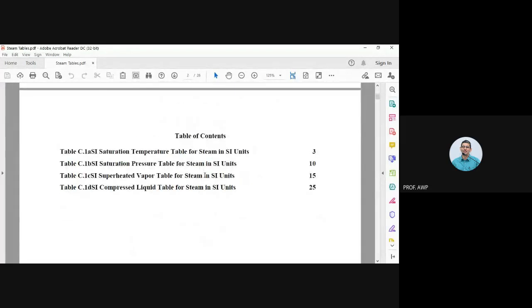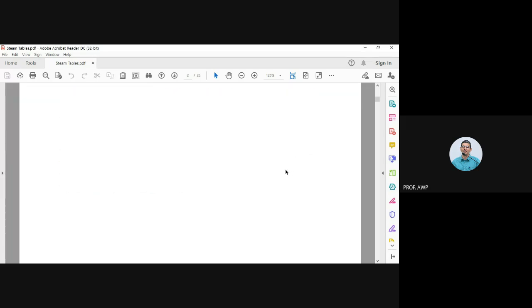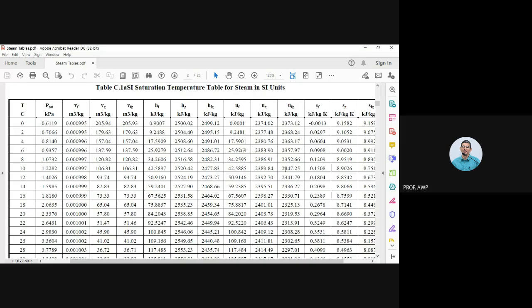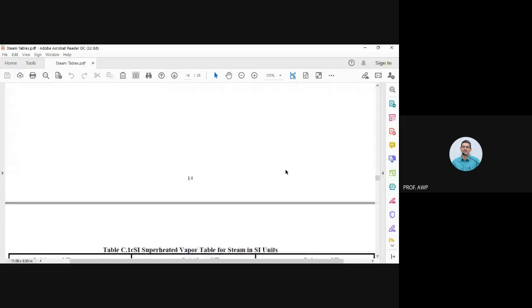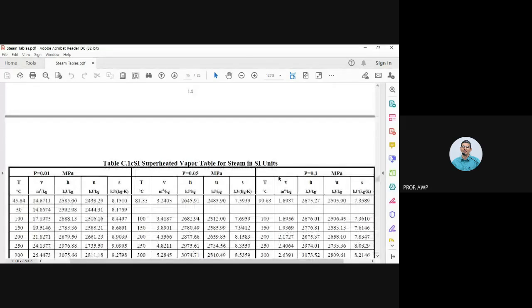So what we have been using is the saturation temperature table and saturation pressure table for the evaporator problem and for other problems that we have. Now we need to look at the superheated vapor, meaning the superheated steam table. Okay, so let's go to page 15. Right, this is the superheated vapor table.